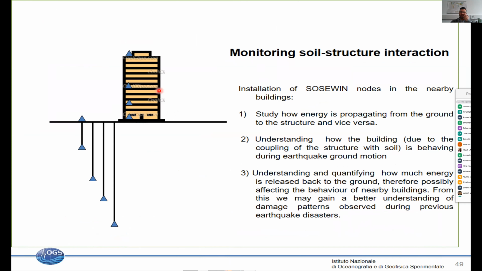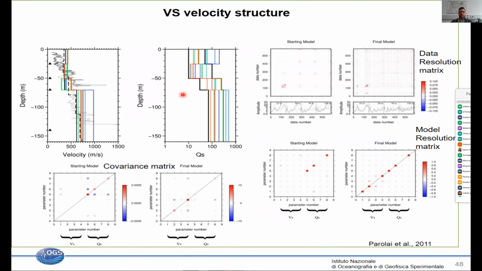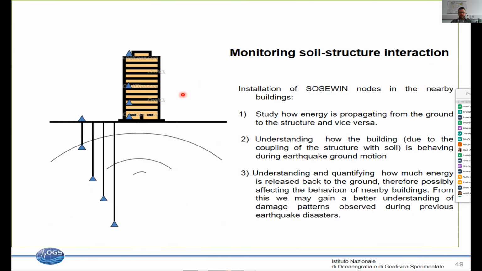So with this kind of spectral ratio and interferometry, we can study how waves are affecting buildings, are propagating, how the building shaking then is releasing back the energy into the ground.